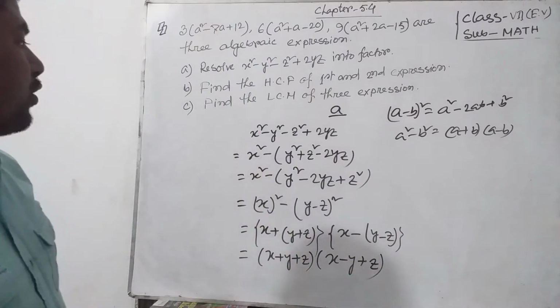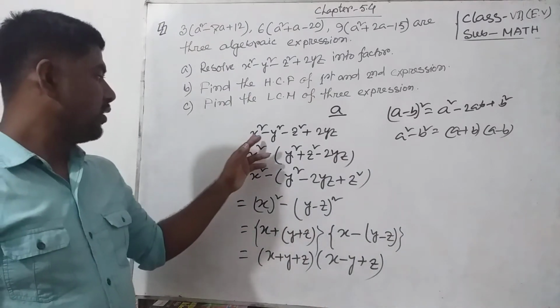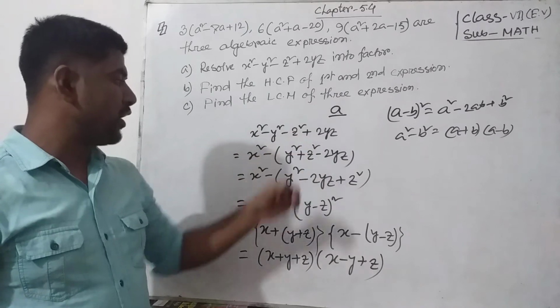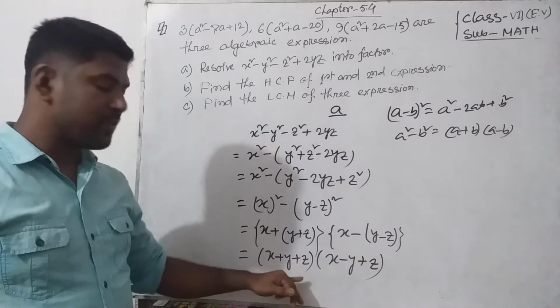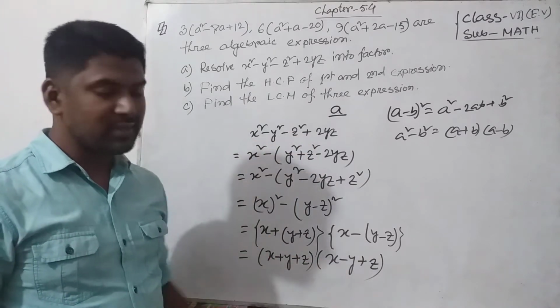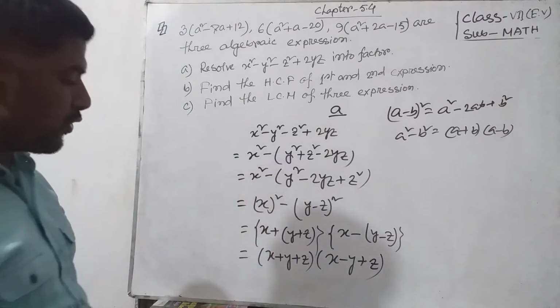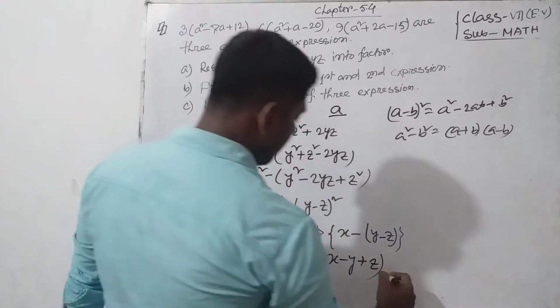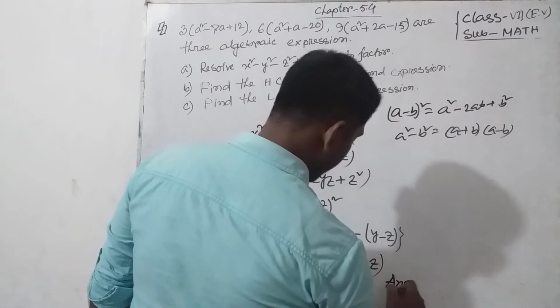So we find that the factors of x square minus y square minus z square plus 2yz are x plus y minus z into x minus y plus z. This is the answer of this factor. I hope everybody understands my first question, number A.